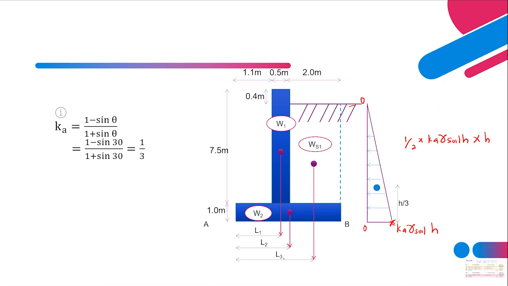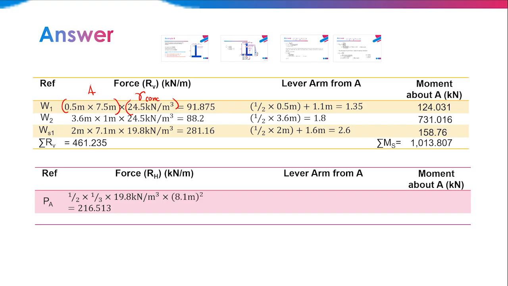So ini formula to calculate pressure due to granular material. So PA maksudnya active lateral pressure ni lah. It is 1/2. Ini adalah Ka, and then unit weight of soil, right? And then darab H, and then kena darab H. Jadi H kuasa 2 lah.